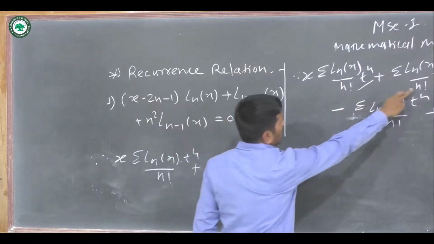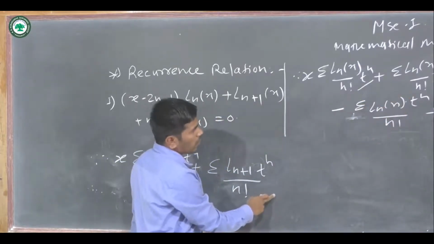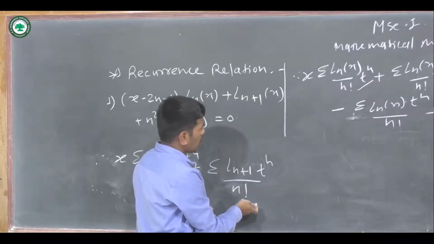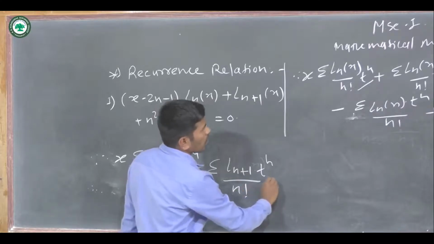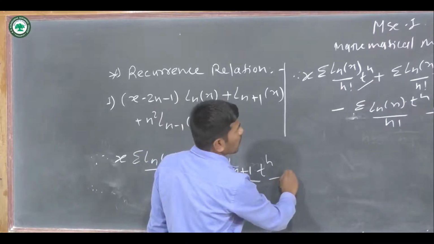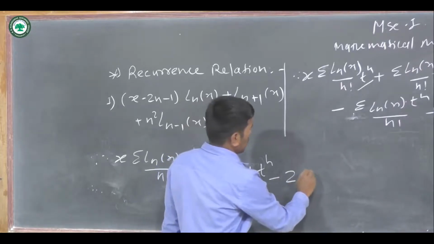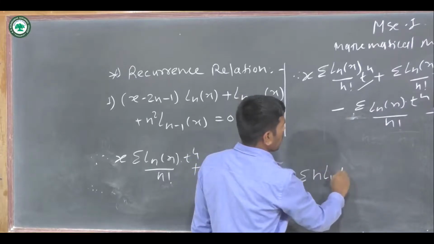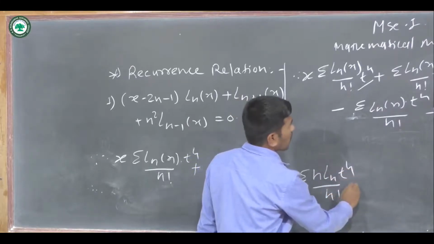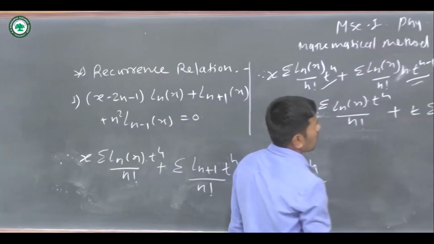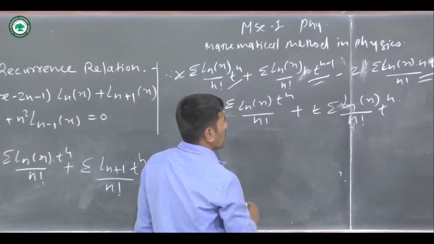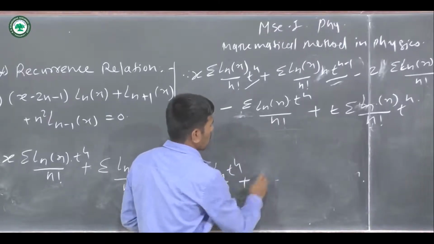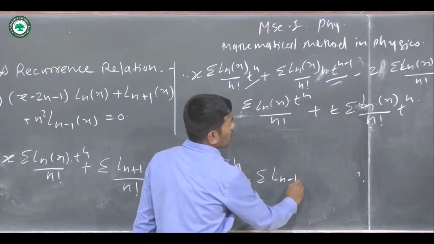This n by n factorial we write as 1 by (n minus 1) factorial, and the n, if I replace with n is equal to n plus 1, the minus 1 and plus 1 cancel out. Then minus 2 times the summation of n into L_n t^n divided by n!, and plus the summation of L_(n-1).